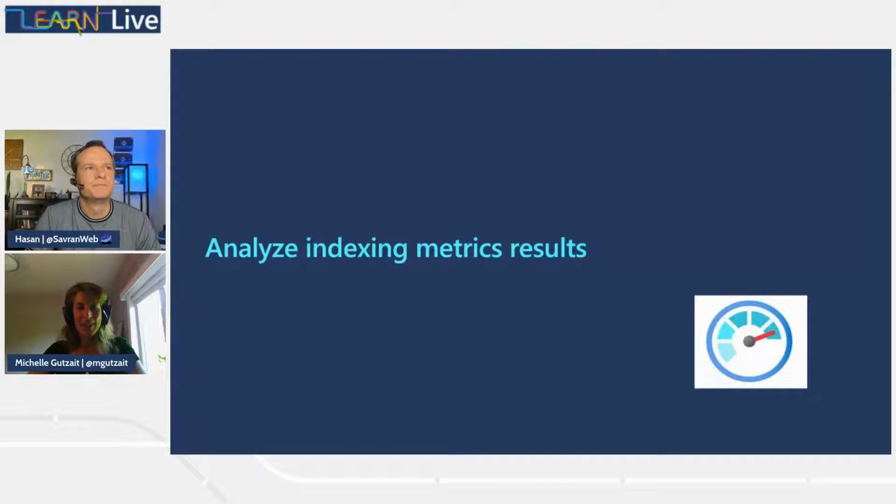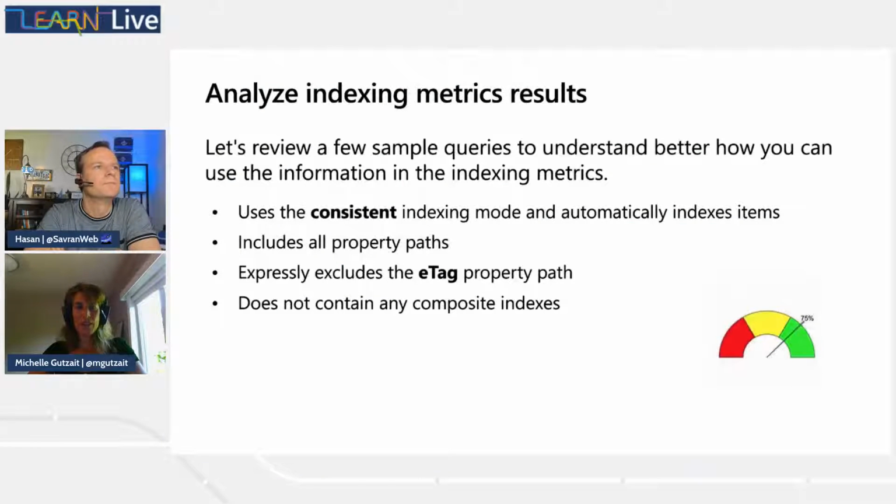Okay, awesome. So let's talk about analyzing the indexing metrics results. These are the default index metrics. Like we said before, we showed an example with the JSON. The defaults use the consistent indexing mode and automatically index everything.